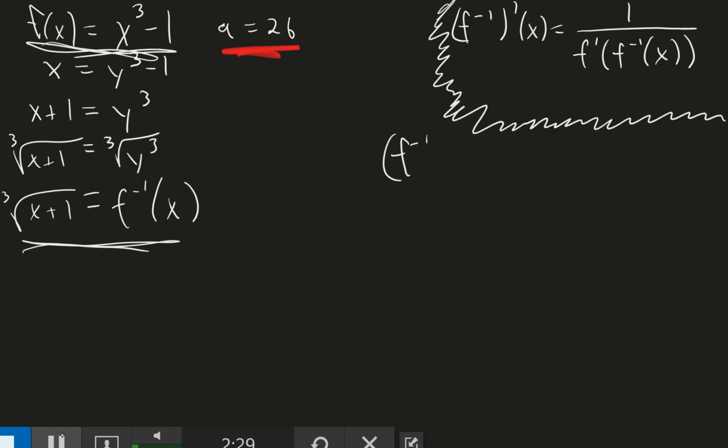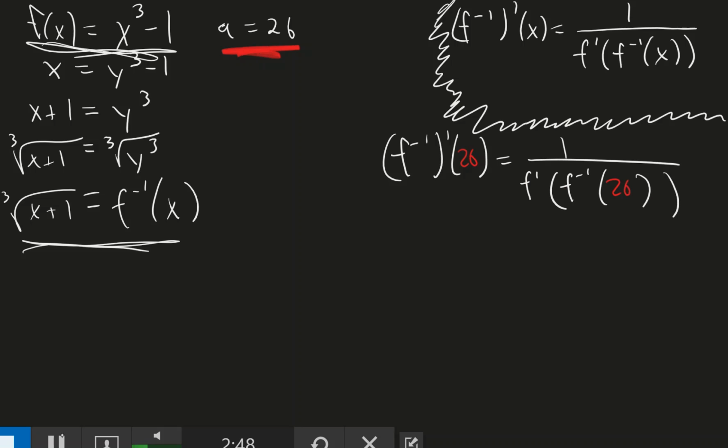Alright, so if I'm trying to find the derivative of the inverse function at 26, then this is what we're working with. So in place of x, I put in 26. So first I need to figure out, well, if I plug 26 into the inverse function, what do I get? And then that'll give me a value, and then I can plug that into the derivative of f, which I haven't found yet, but I can do easily with the power rule, 3x squared.